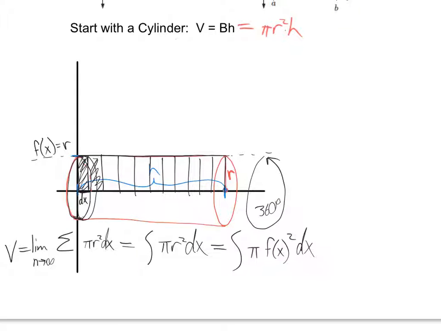Whatever the function is, our radius is going to be the value of that function at that point. So the radius of these little slivers is changing depending on what x was, just like when we did the rectangles before, the heights of your rectangles were changing according to f of x.